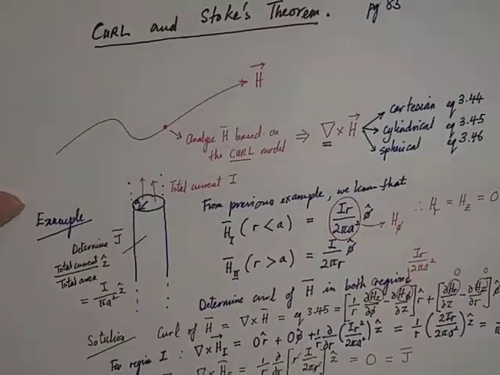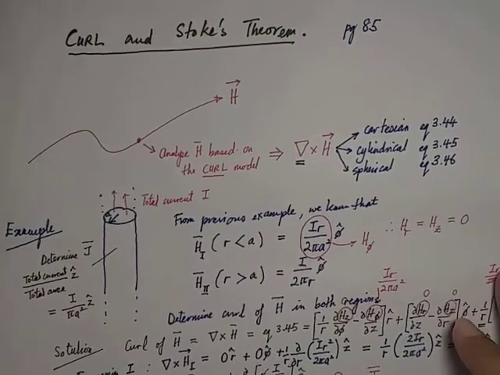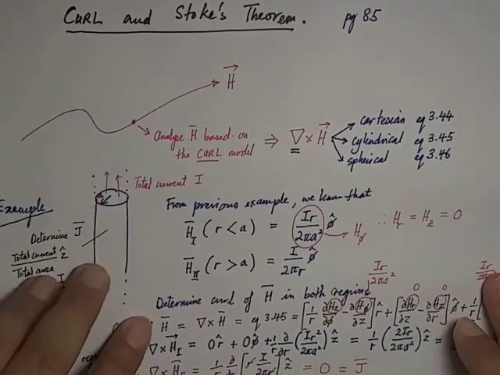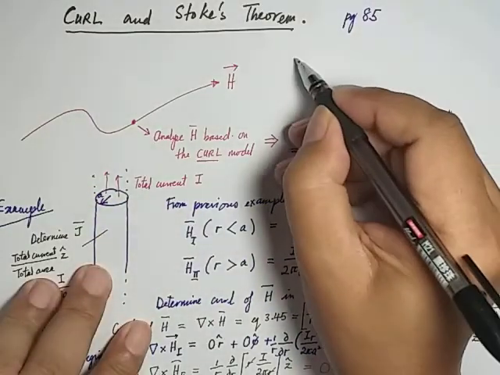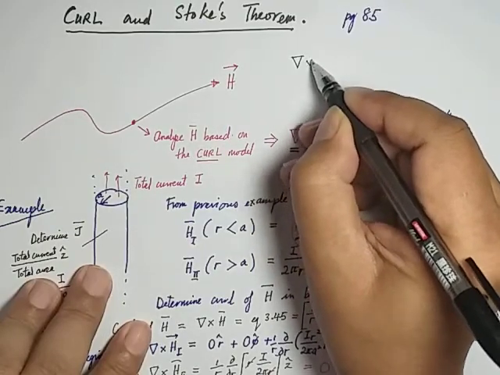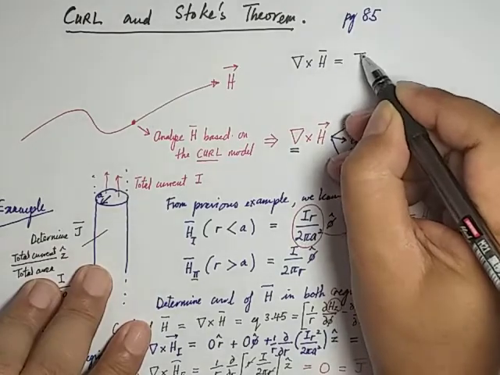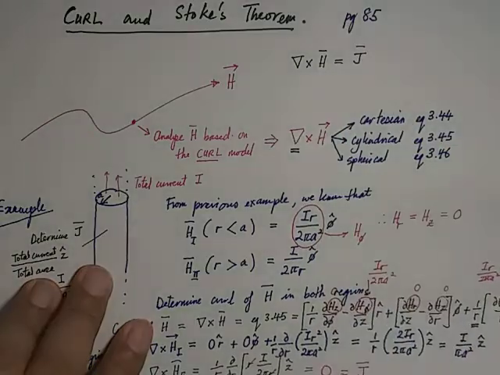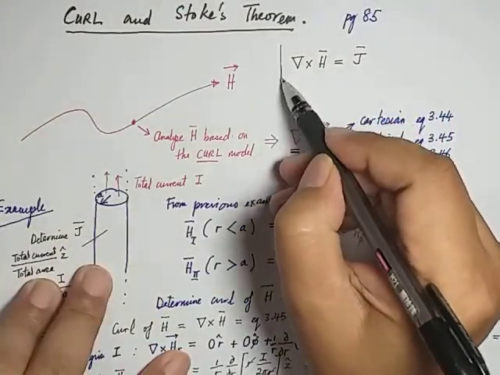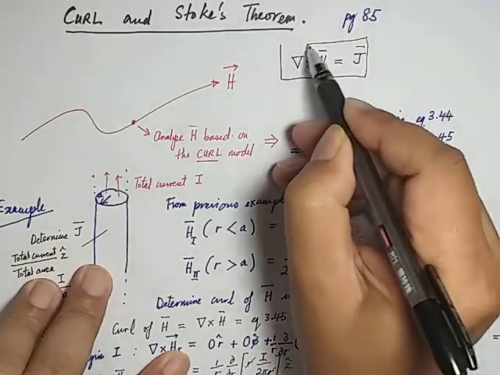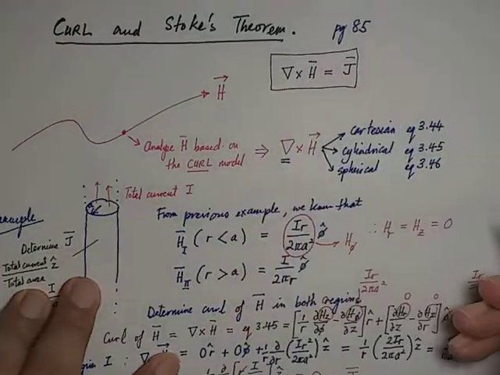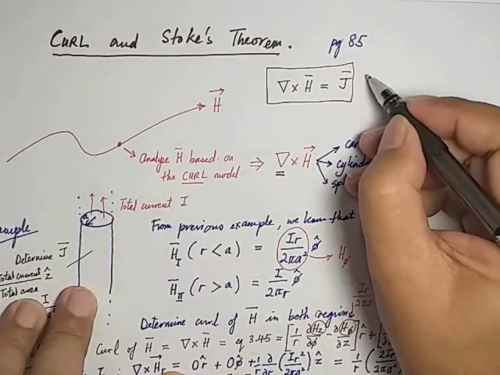Okay, so what we conclude now, the curl of H here is equal to J. Okay, that should be an important equation, and this equation, as you can guess, is Maxwell equation number 3.